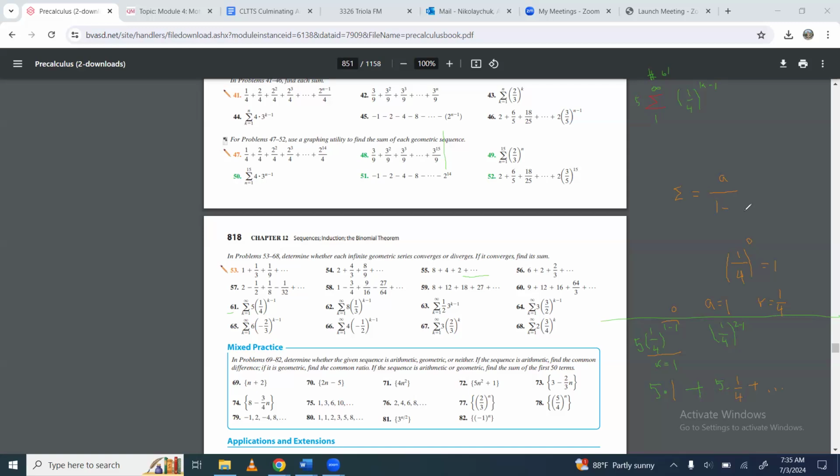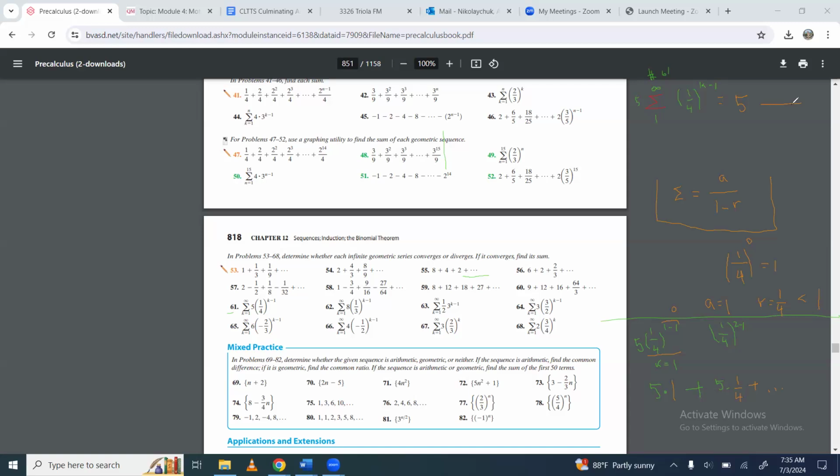This formula works because my ratio is less than 1, right? Because if it's more than 1, this formula is not what we use, because there will be an infinite sum.